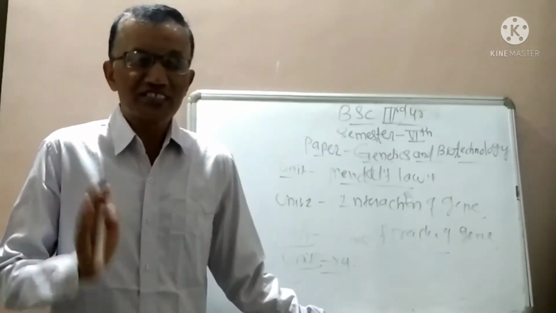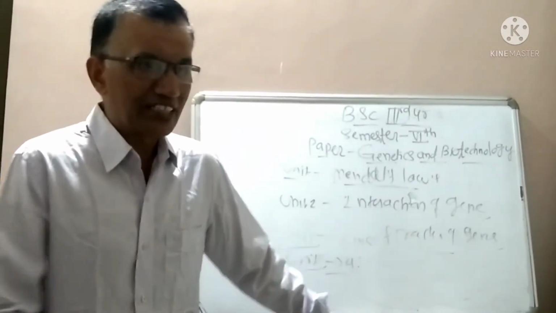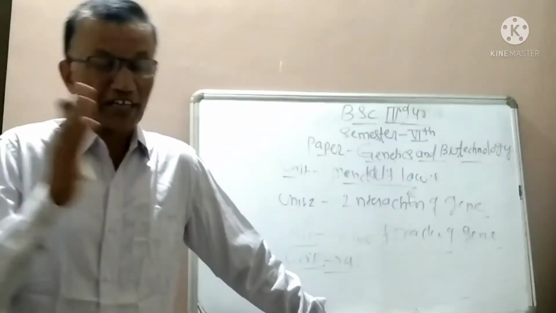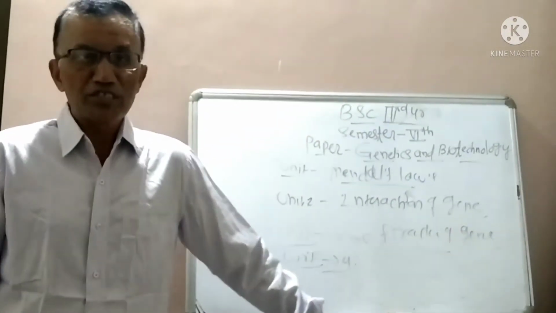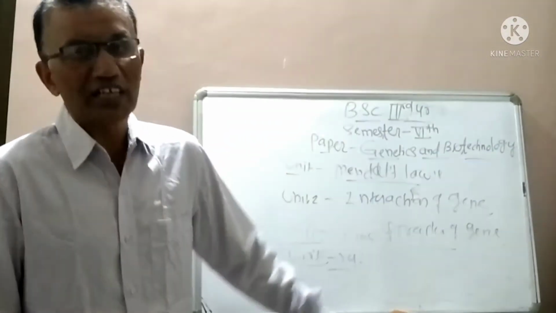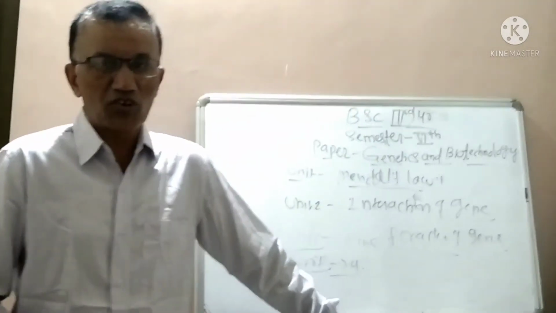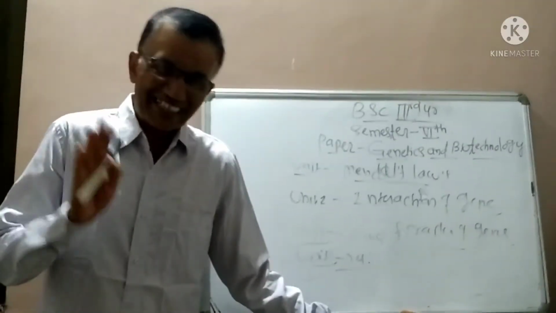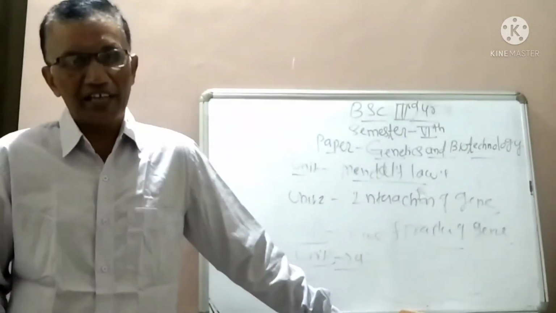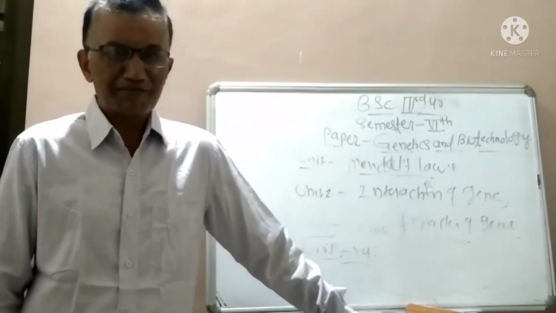For example, how sex is determined in man, how the male child is born, how the female, which factors are responsible, which phenomenon is involved, and which mechanism is involved. That is sex determination in man, birds, insects and plants.